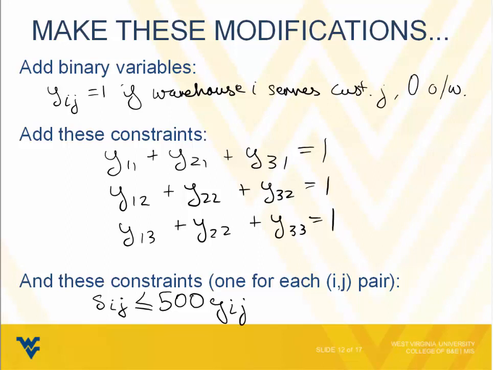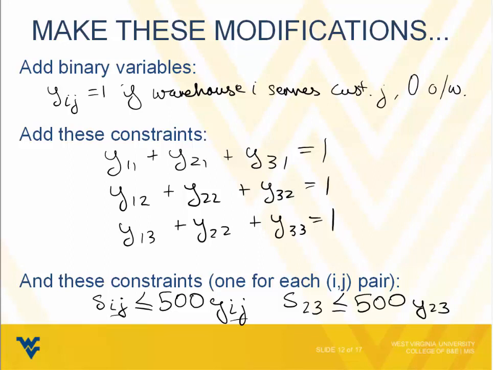So for example, if we were at lane 2-3, the amount we're shipping out of on lane 2-3 has to be less than or equal to 500 times the binary variable for 2-3. So this ij just says that the left hand side i is the same as the right hand side i, okay?